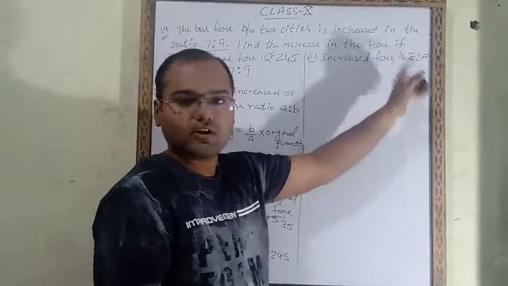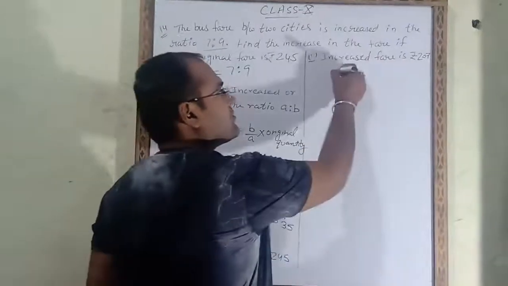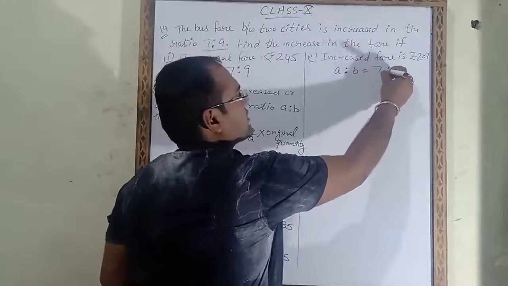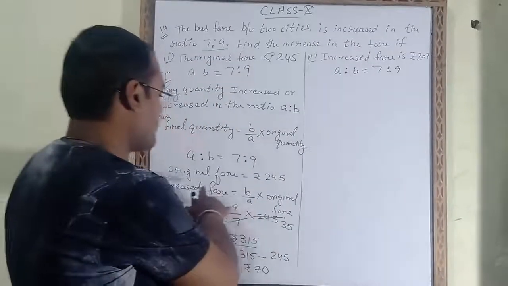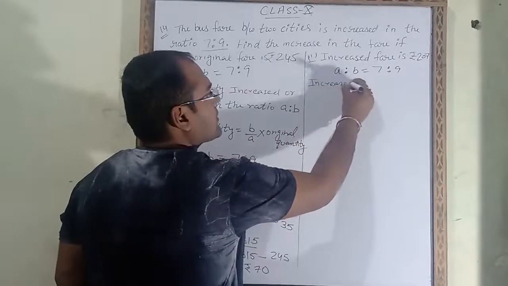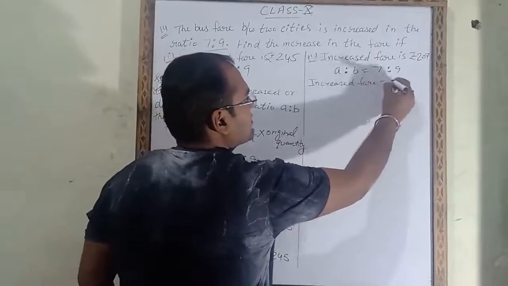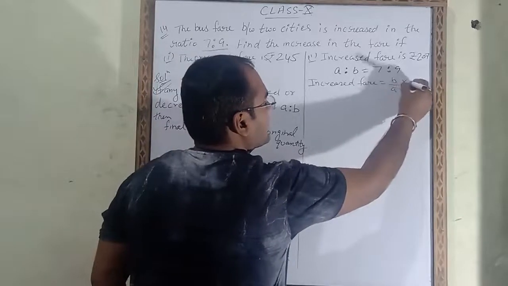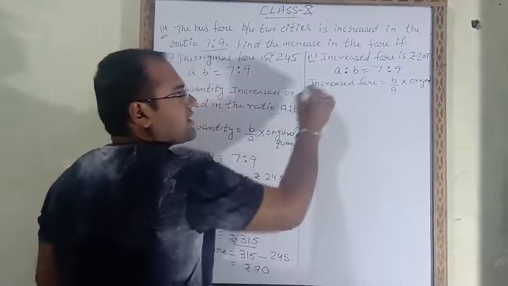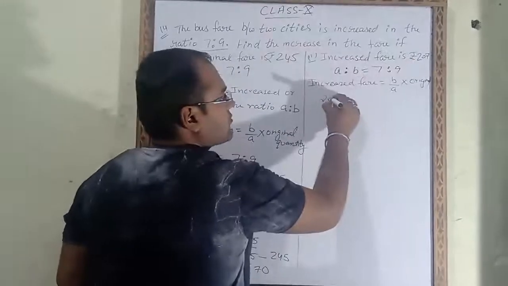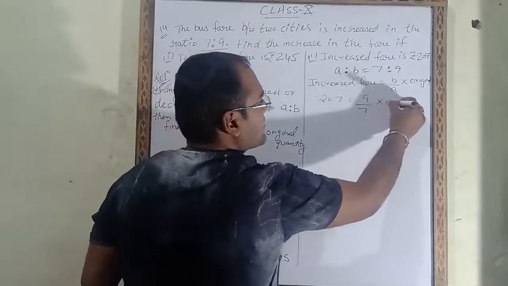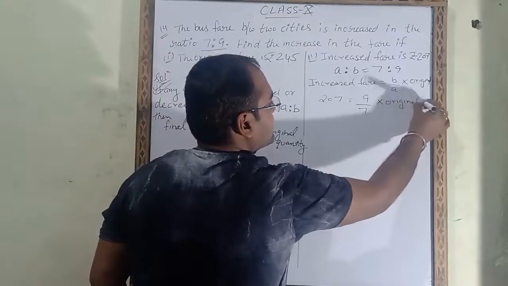Now the same way we will do this second part also. Increased fare is 207. A ratio B is given, 7 ratio 9. Same formula we will use. Increased fare is equal to B upon A multiply original fare. Increased fare is given 207. B upon A will be 9 upon 7 multiply original fare.